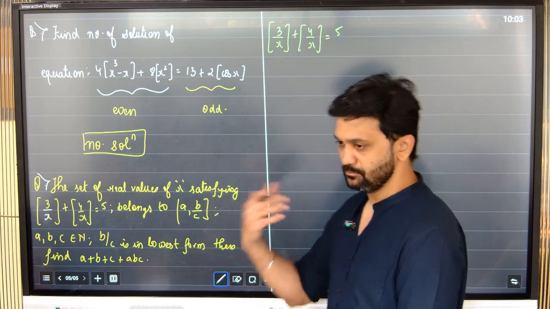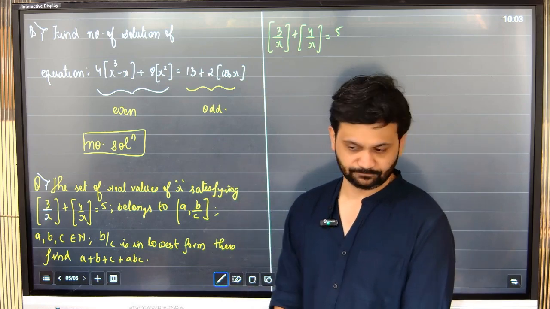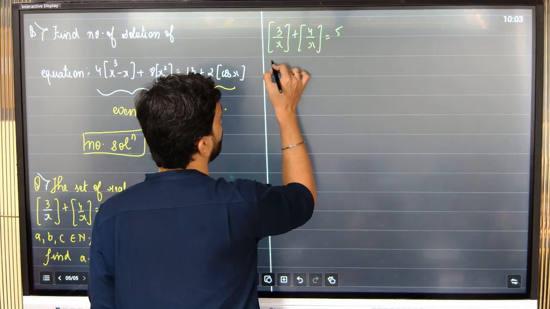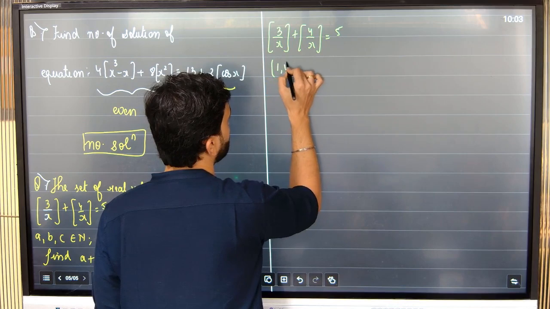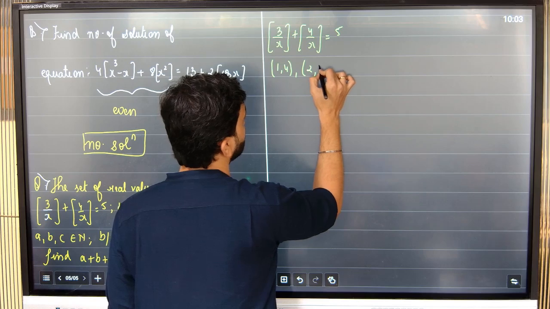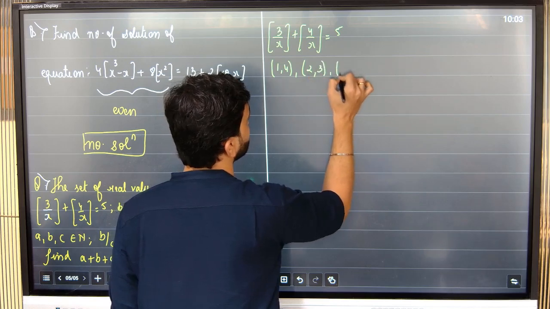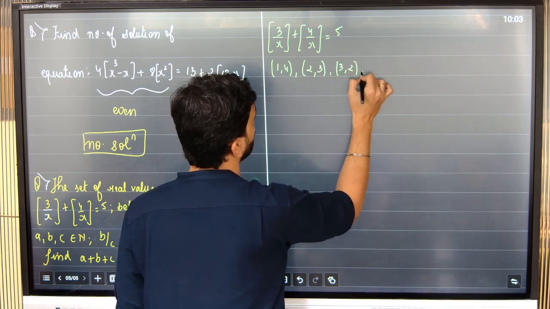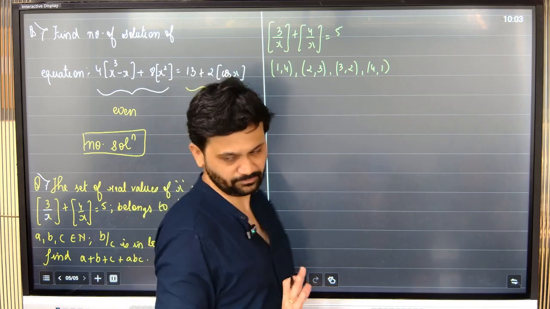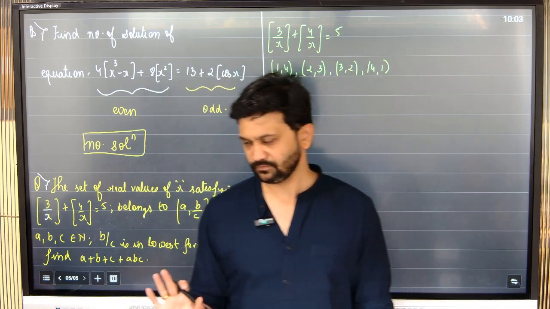Something plus something should be equal to 5. When is it possible? What are the conditions? What is the first condition? 1 and 4, 2 and 3. Next 3 and 2, and 4 and 1. Sum is equal to 5.